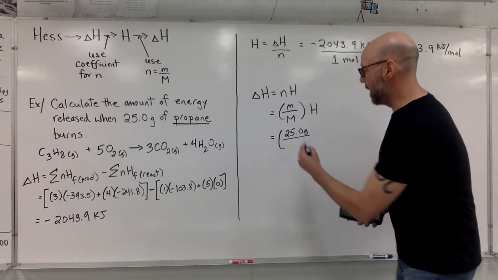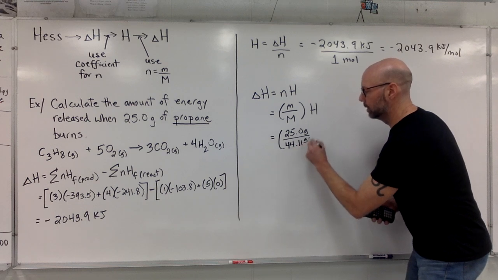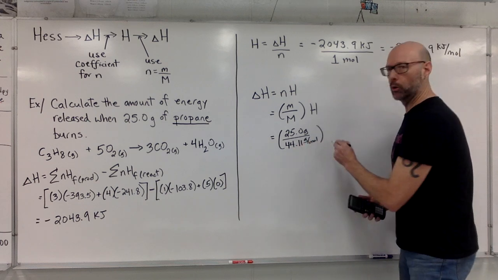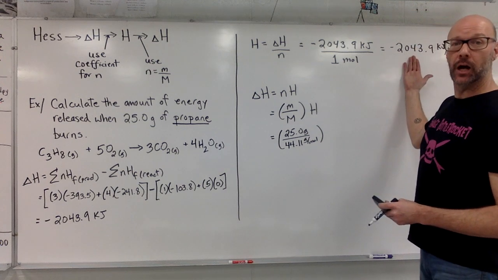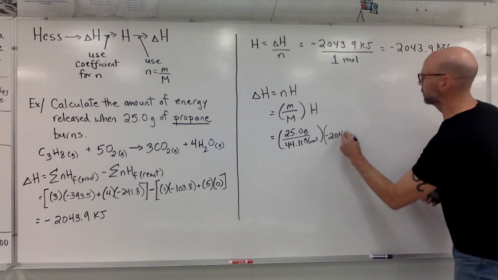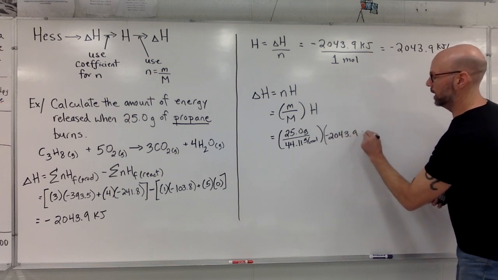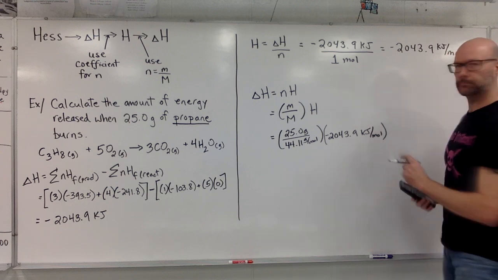The total molar mass is 44.11 grams per mole. The H, the molar enthalpy, is our answer up here. Negative 2043.9 kilojoules per mole.